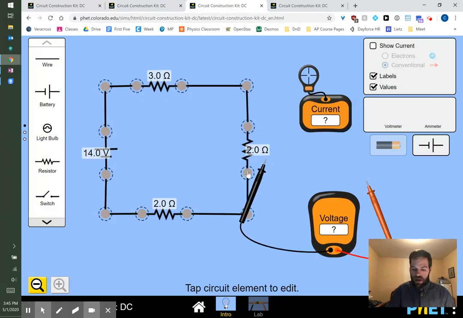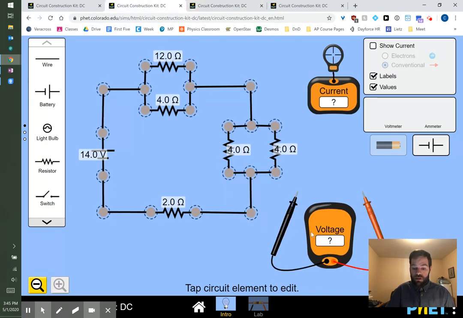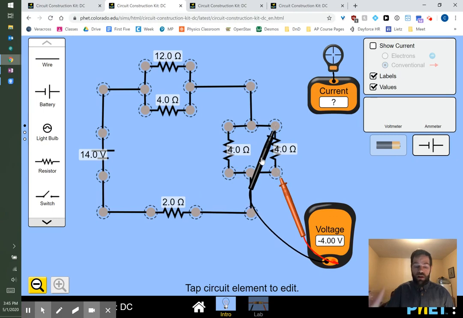We can see that the voltage drop across this guy here is 4 volts, which means the voltage drop across each of these guys here is 4 volts. 4 volts on the left side, 4 volts on the right side. They're in parallel with each other. They have the same voltage drop.